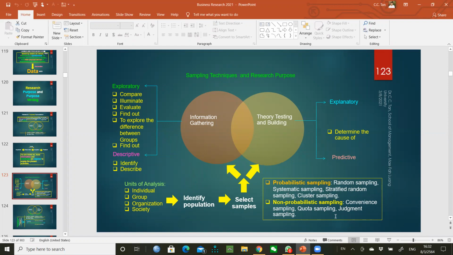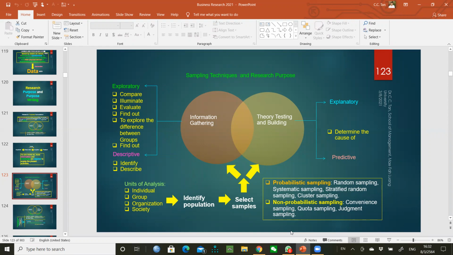It's random sampling, so you have to know where your population is and assign numbers to the population, and from there you can use random tables to help you select which one comes first, so there is no bias in the random sample selection, and that is called random. Everyone has an equal probability of being selected.